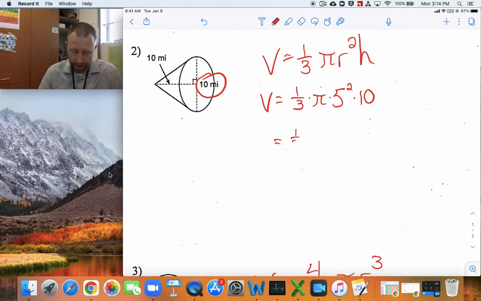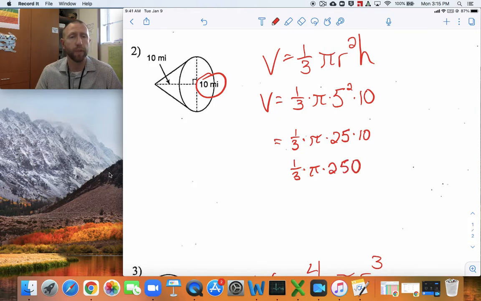1/3 will stay the same. Pi will stay the same. 5 squared is 25, and then 25 times 10 is 250. 1/3 times pi times 250. Now I can do the 250 times 1/3, or take 250 and divide it by 3.